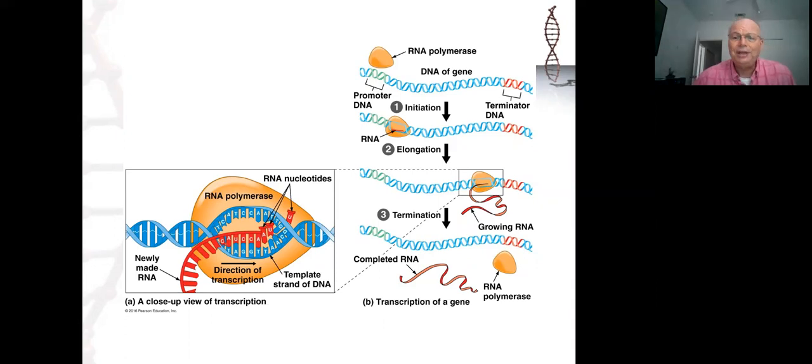Then termination takes place when the transcript is complete and there's no necessity to continue the copying process, because that would introduce information that is no longer relevant to the gene. So the RNA polymerase lets go and releases the transcript and also lets go of the DNA.